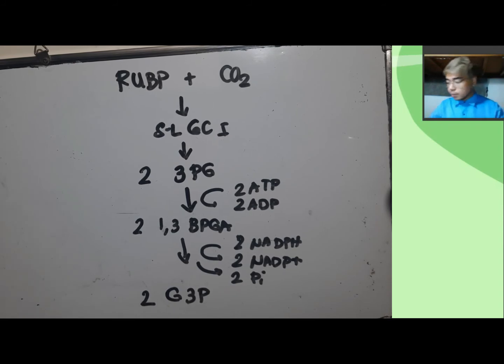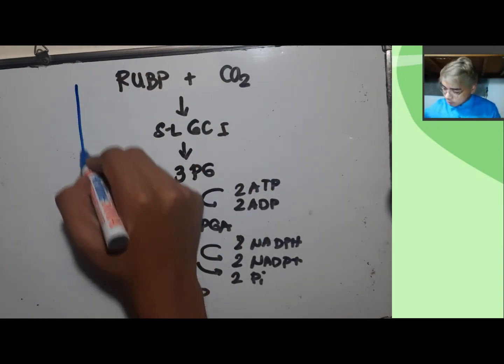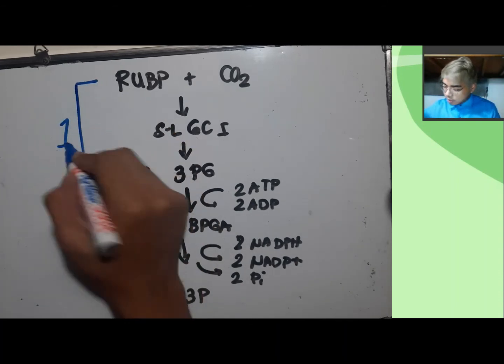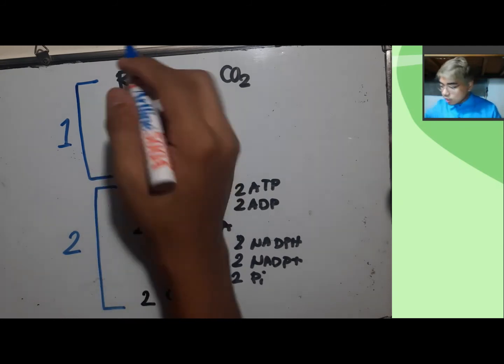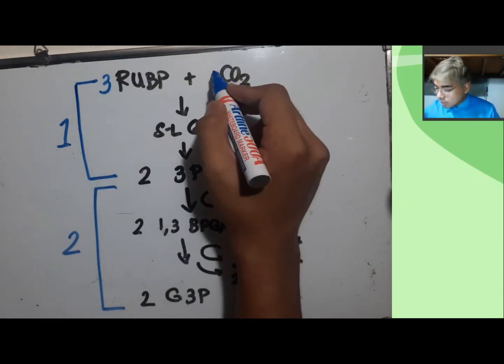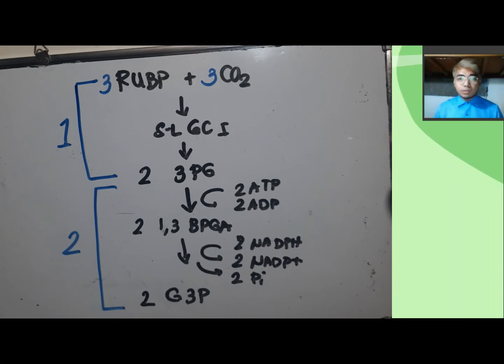Remember this: the first part is carbon fixation, and the second part is known as the reduction. Before we proceed with regeneration, you should bear in mind that regeneration will only happen if 3 RuBPs and 3 carbon dioxide are utilized.